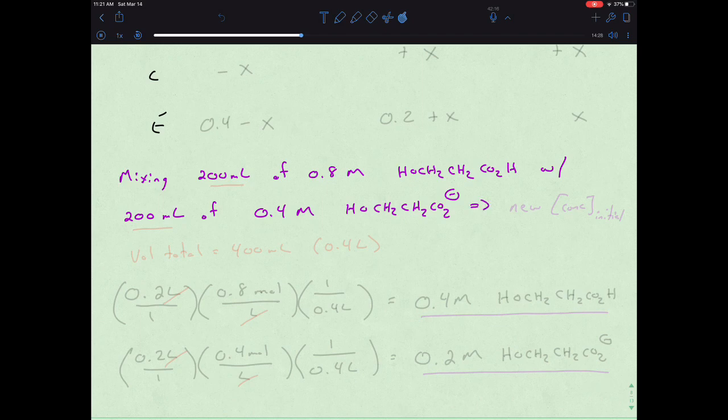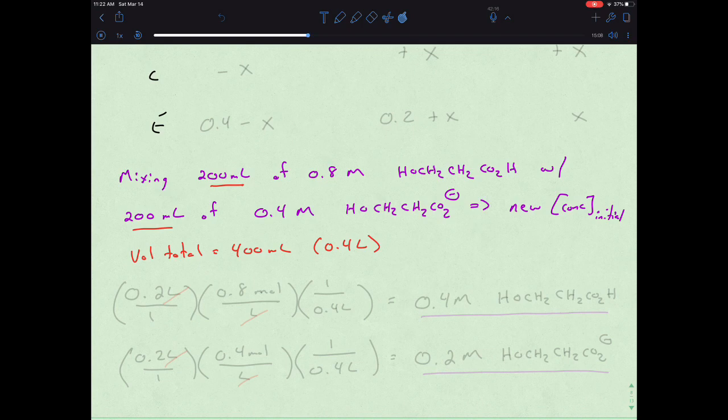What does that mean? That means we have new concentrations initially. We don't really have 0.8 molar because we're not in 200 milliliters anymore. We're in a total of 400 milliliters, or 0.4 liters. So we have to do a quick conversion to get these initial molarities from the question into their actual molarities when we mix the two solutions.